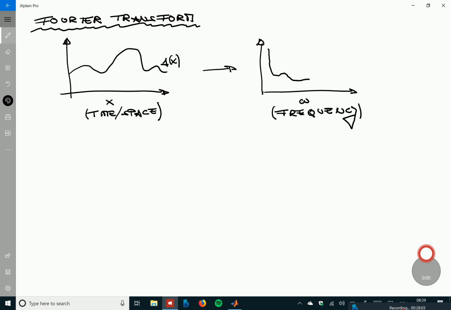However, one should be aware that this is another function, a big F(omega), but what is actually shown here, because this function takes on complex values, is only, for example, the absolute value of this function. So in principle, what we should plot, and what one of course also can plot, is a function on a 2D grid where we have the real and the imaginary part. But this will make sense when I show you the formula in a second. But this should be kept in mind.